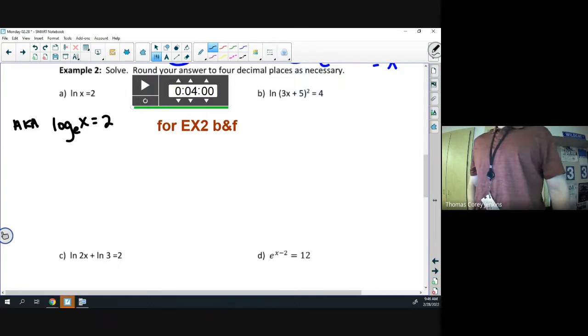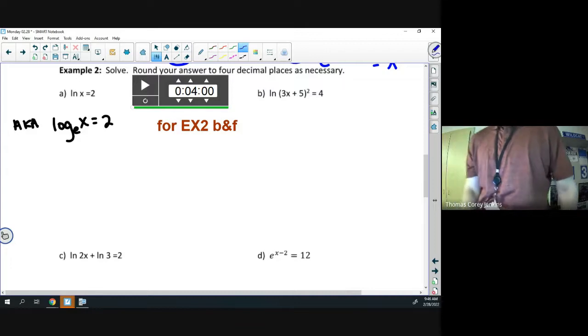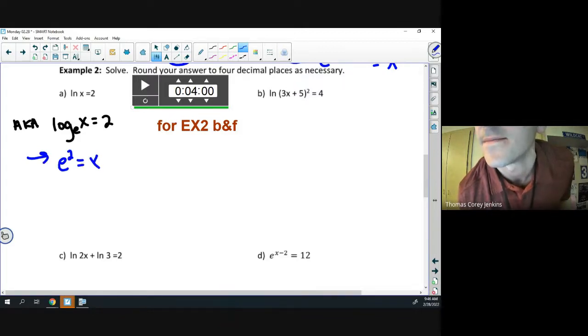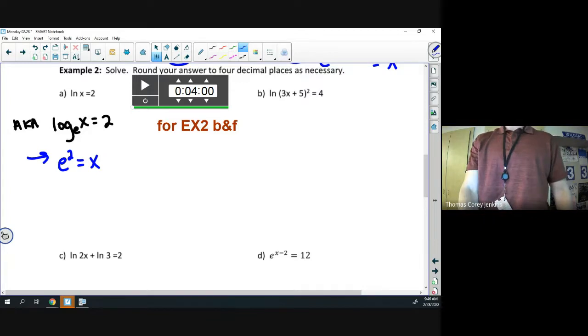If I write it that way, that helps me go into exponential form at this point. I have my logarithm isolated, so now I go to exponential form, just like we did on our warm-up. So in exponential form, this would say e to the second power is equal to x.